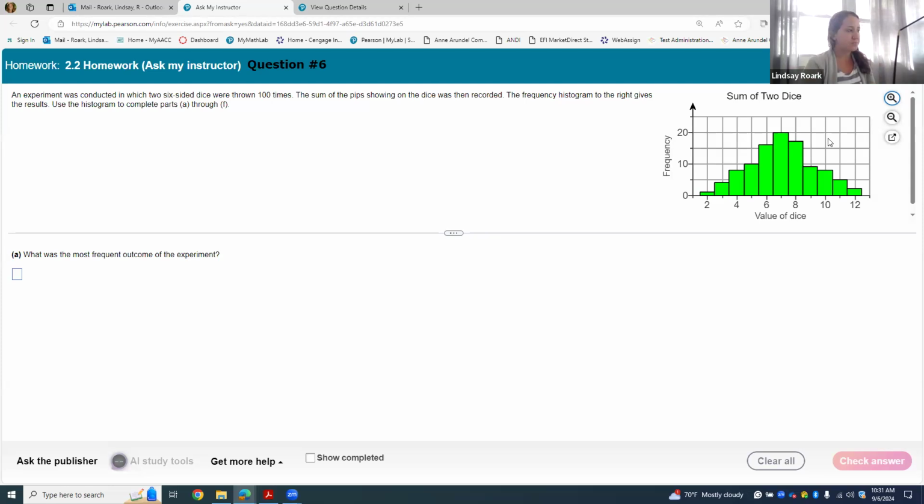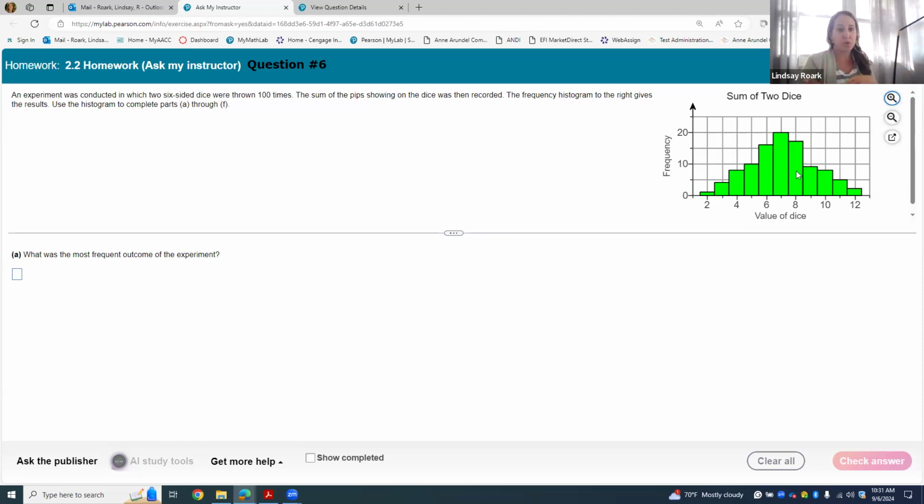Okay, so the first question says, what was the most frequent outcome of the experiment? Again, they give you the histogram already and we have to answer the question. So the most frequent outcome would be the bar here that is the highest, right?